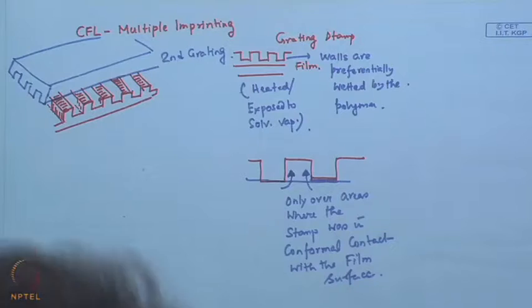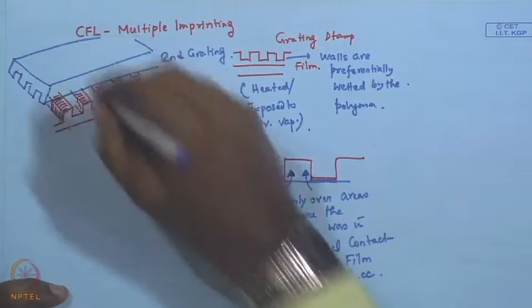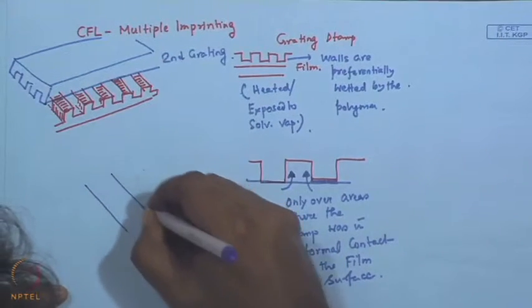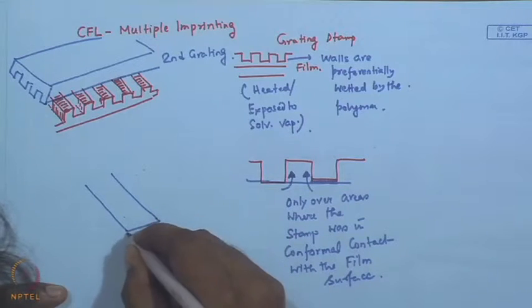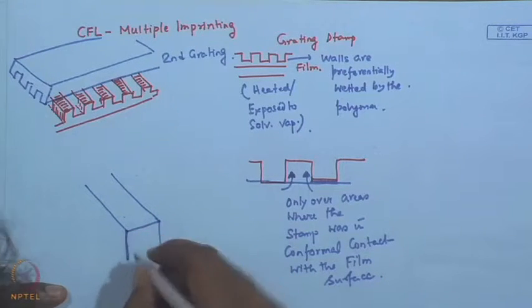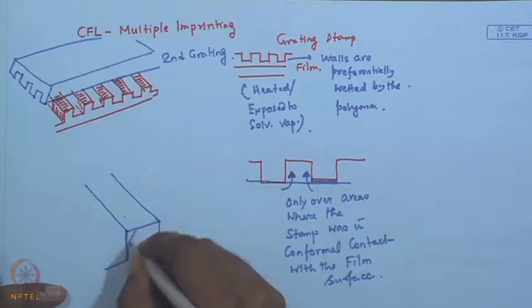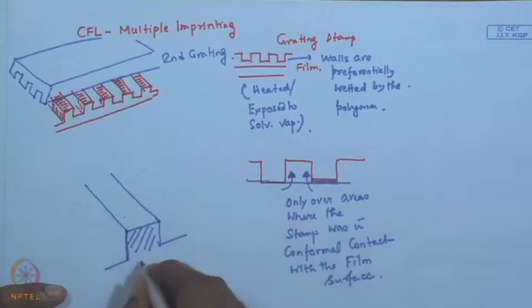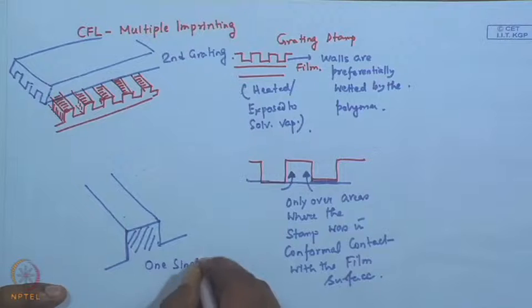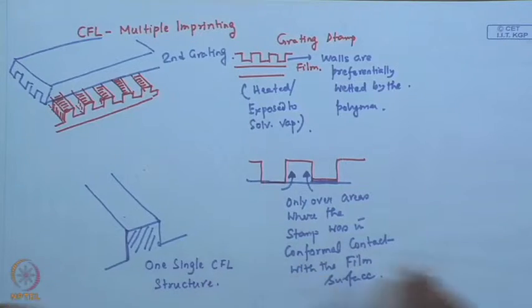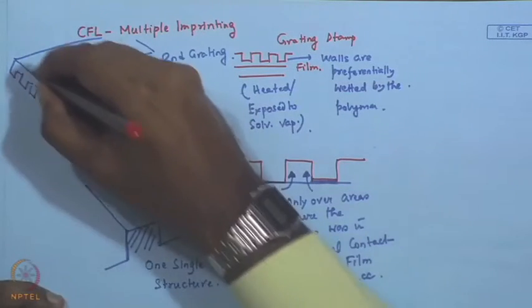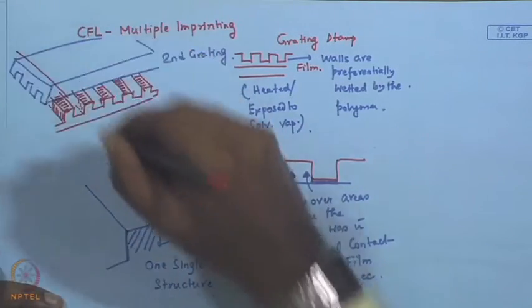So, now what happens, what you can understand if we take a detailed view of one replicated structure, let us say, this is one CFL structure, and let us say we take a cross section at this particular plane.